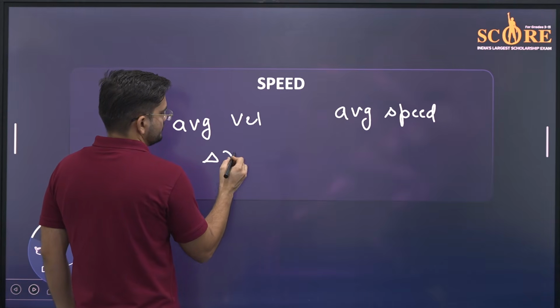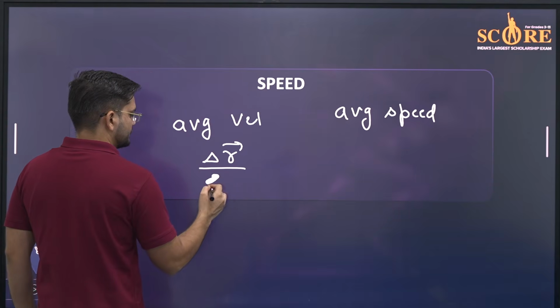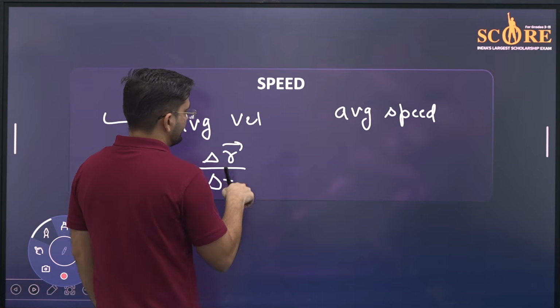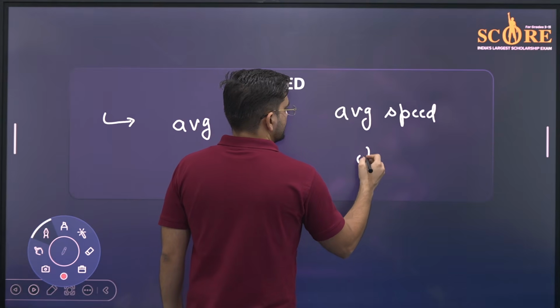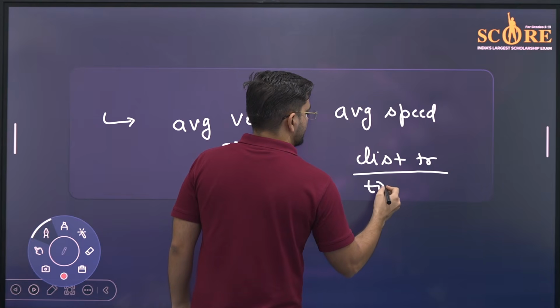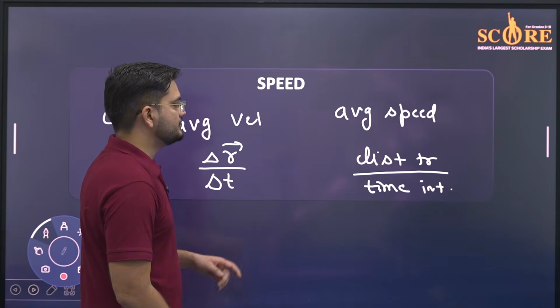What I mean to say, delta r by delta t is average velocity, and distance traveled by time interval is average speed.